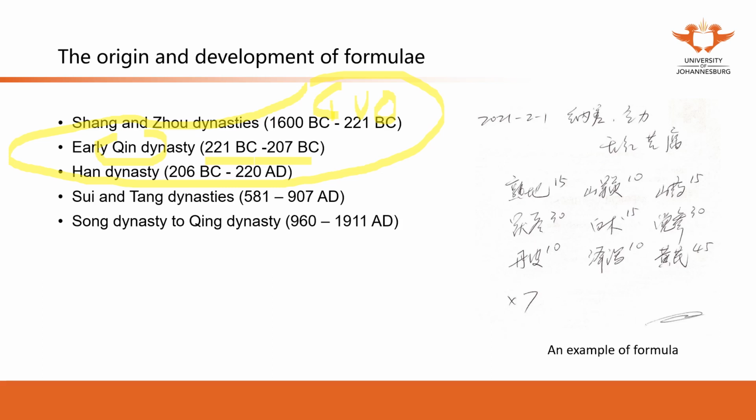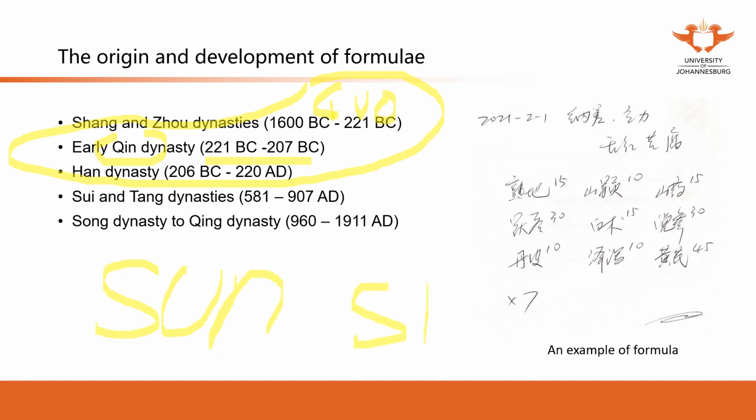monographs on formulae, such as Beiji Qianjin Yaofang, Qianjin Fang, from Dr. Sun Simiao. If you are not familiar with these names that I mentioned, you can go back to the history, where we have introduced all these doctors.